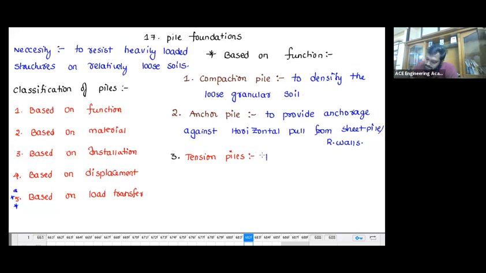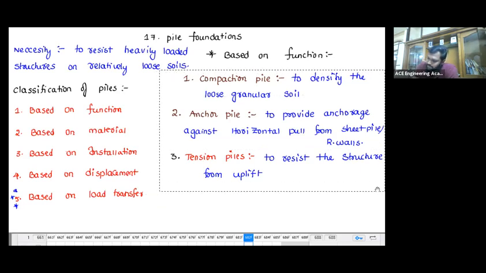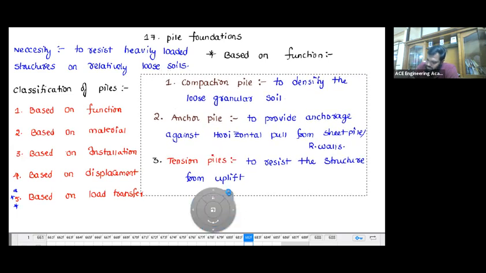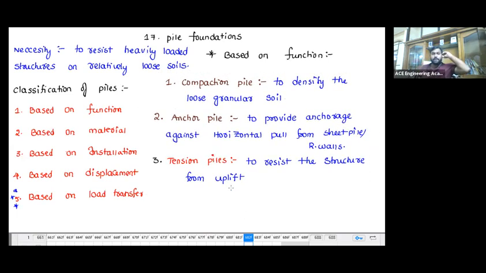These tension piles are to resist the structure from uplift. So when do we go for the tension piles, sir? Generally we go for the tension piles when we try to resist the structure from uplift. Sir, how does it happen, sir?